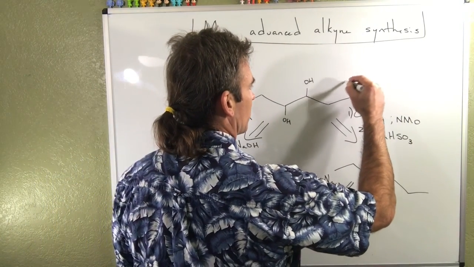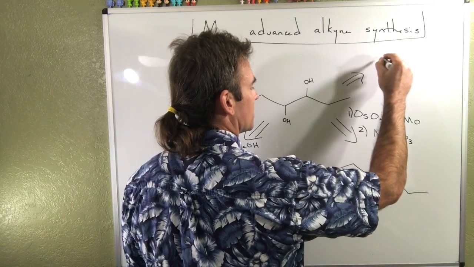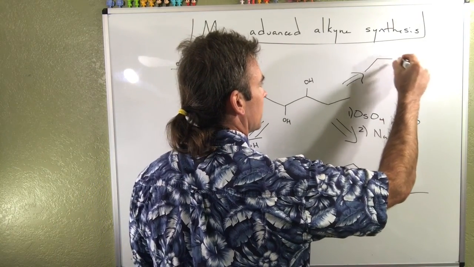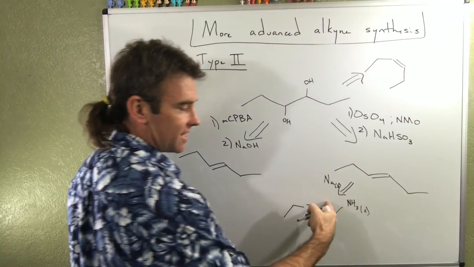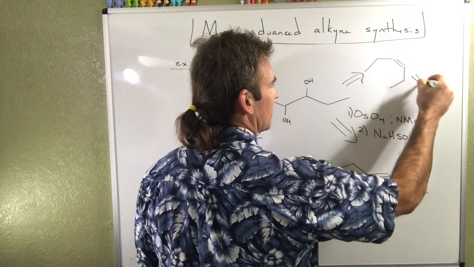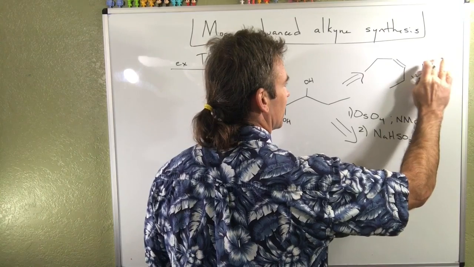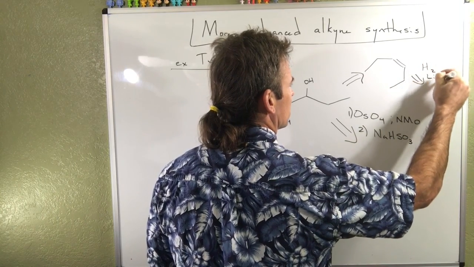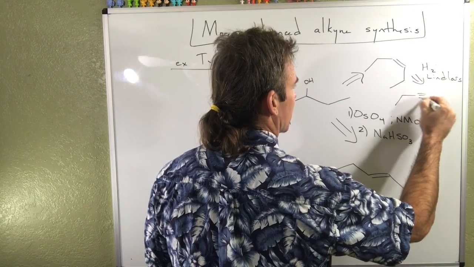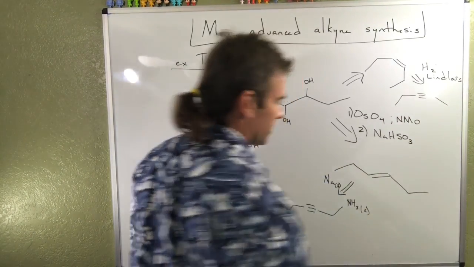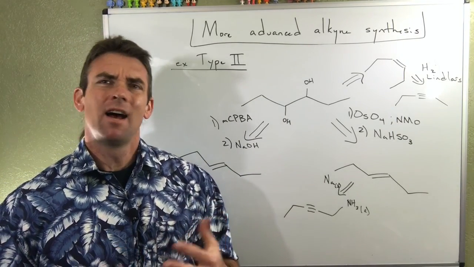Let's work backwards: instead of this trans type product, let's imagine this thing could have been a cis type product, in which case this step could have been some sort of Lindlar's catalyst. And of course, we would work backwards to the same exact alkyne.